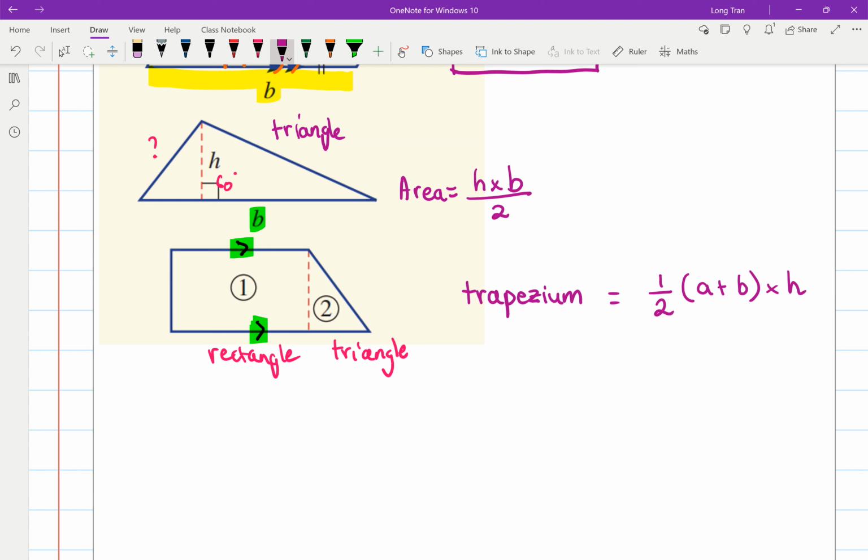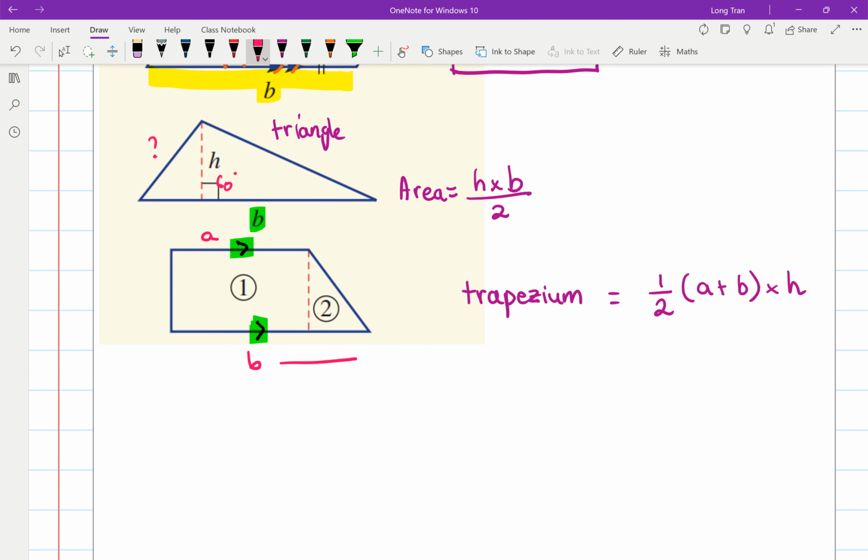This is the formula. Now, how does it work? A is either length. So the two parallel lines, remember how I said one pair of parallel lines? Those two parallel lines, either one can be A or B, doesn't matter. But one of them is A and one is B. You add the two lengths together. Okay, so B is the length from, I'm just going to do it over here so you can see better.